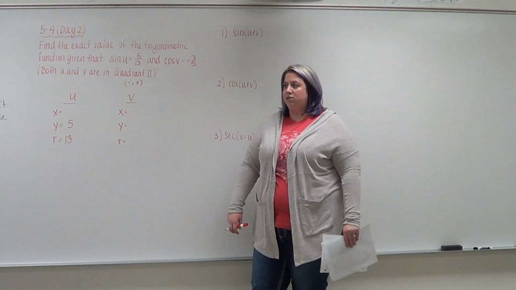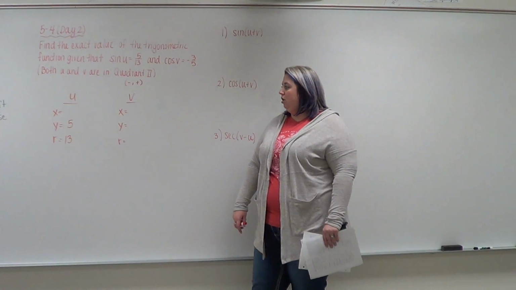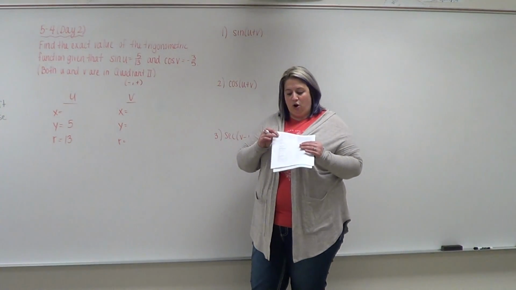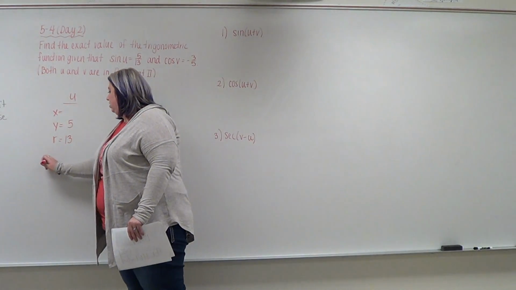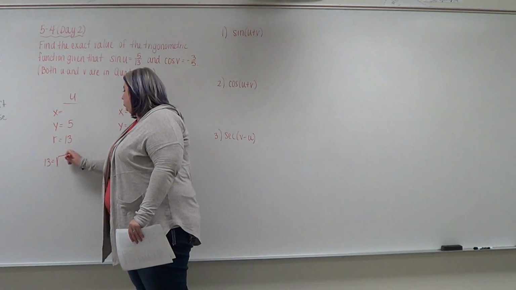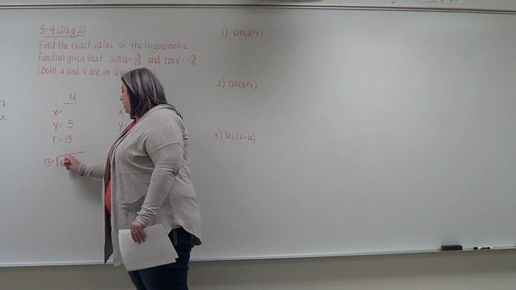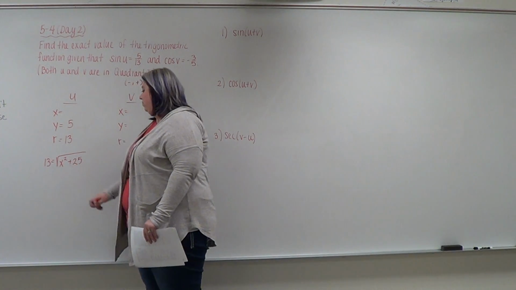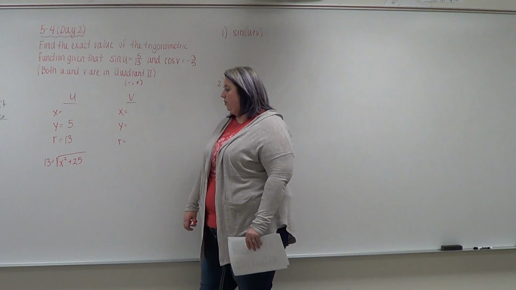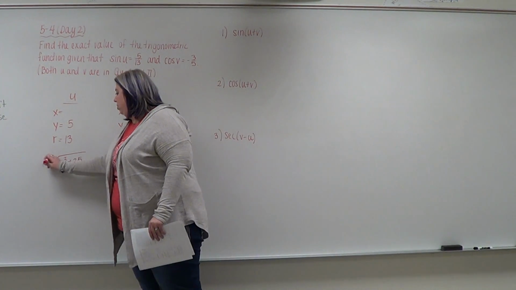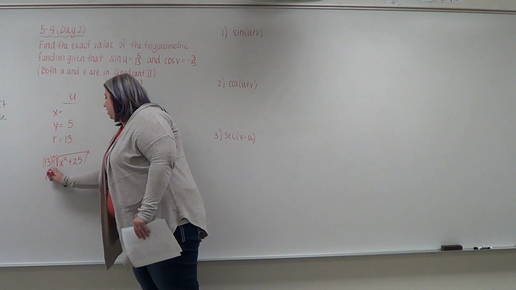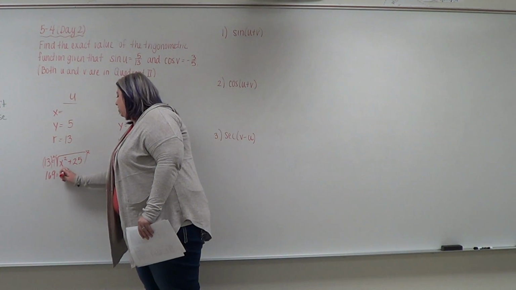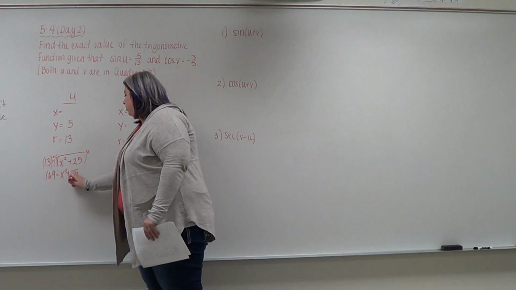Okay, the sine is Y over R. So then I use my R equation, R equals the square root of X squared plus Y squared, to find X. So 13 equals the square root of X squared plus 25. To solve for X, you would square both sides. So I would have 169 equals X squared plus 25.